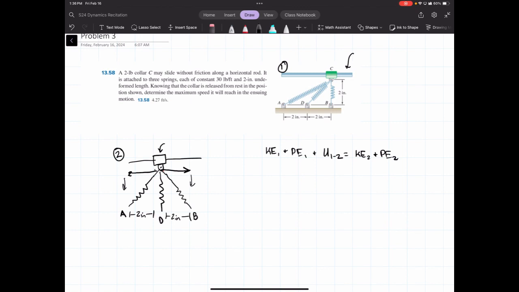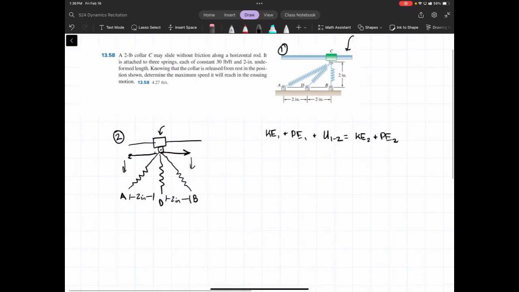So if we start with state 1, we know the mass of the collar, or we know the weight of the collar. We know the spring constant. We know the length of the spring. We also know that the collar is released from rest.